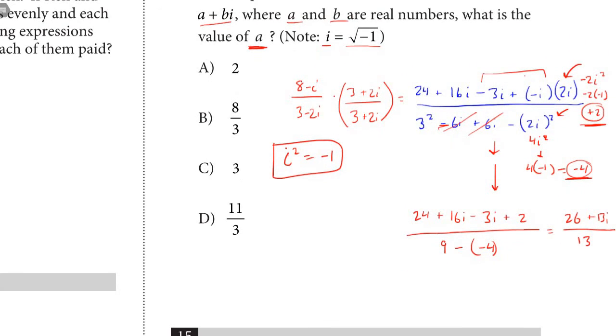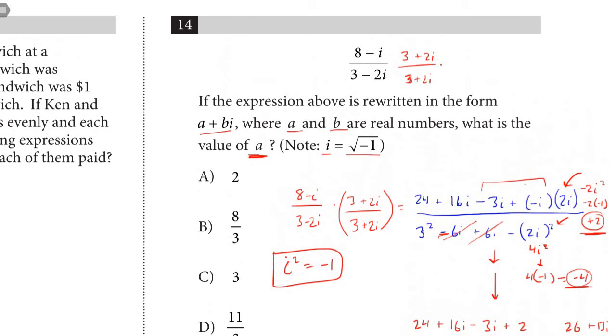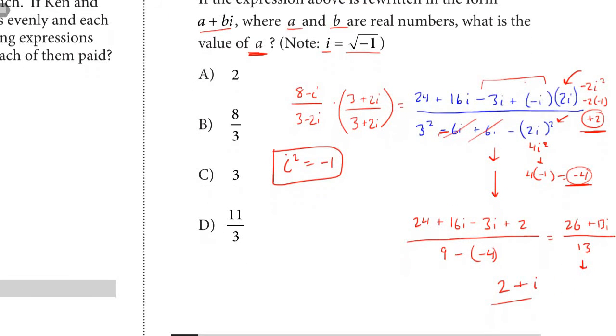And if we simplify that, 26 divided by 13 is just 2. And 13i divided by 13 is just i. So then it's just going to be 2 plus i. This whole mess right here just simplified after this long process into 2 plus i.